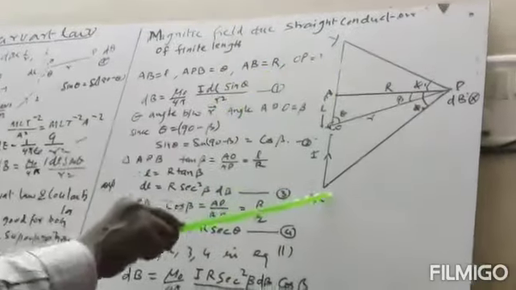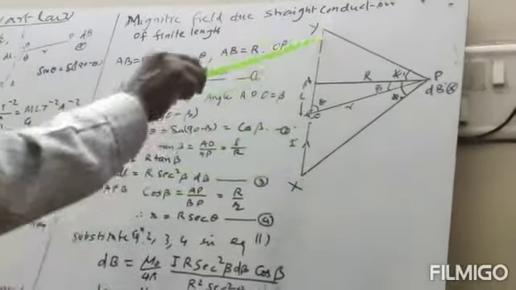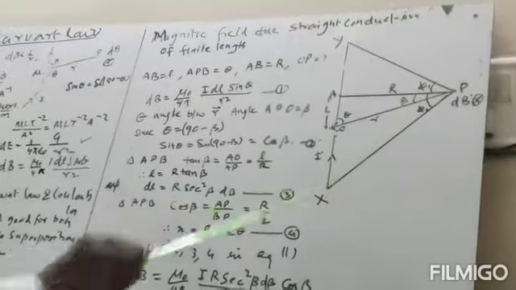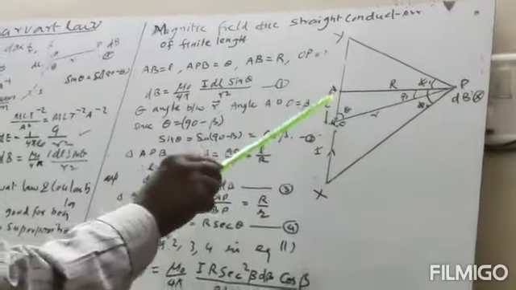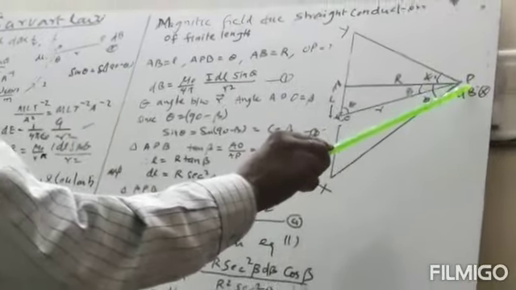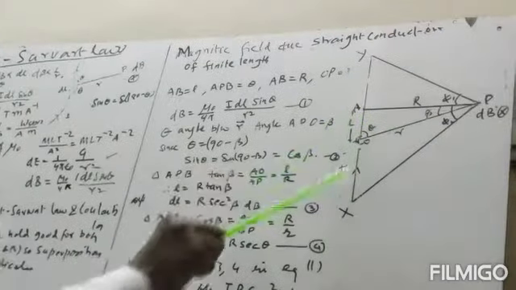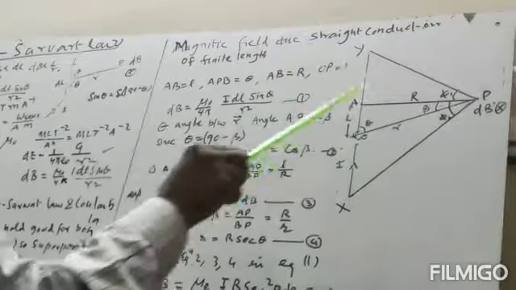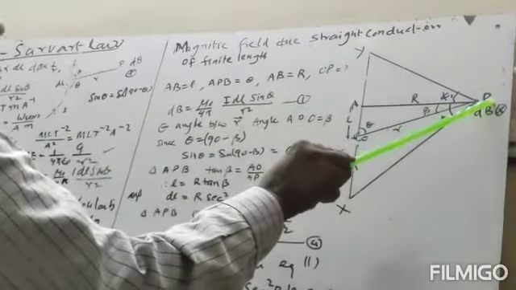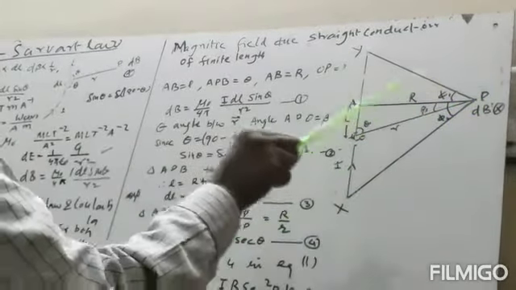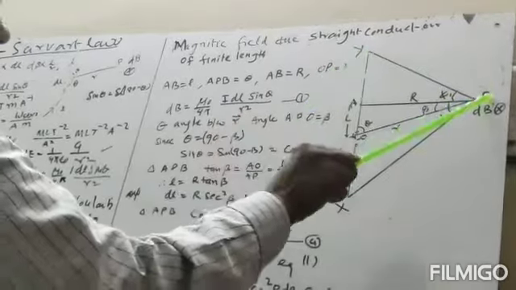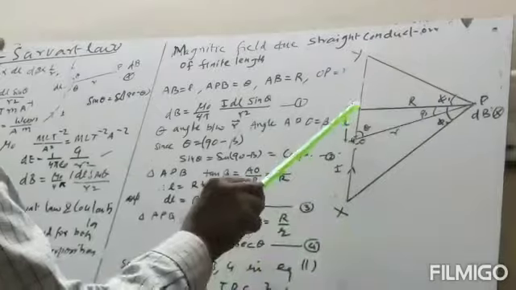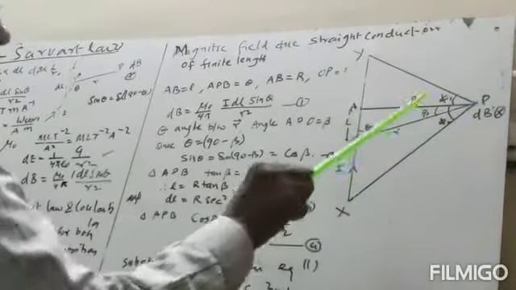So this is a conductor XY whose length is finite, current I is passing through it, and we have to find the magnetic field at point P. So we drop a perpendicular here on the XY line, and suppose this is the point A. We join P and Y and P and X, and the angle YPX is equal to phi 1. Angle APX is equal to phi 2.